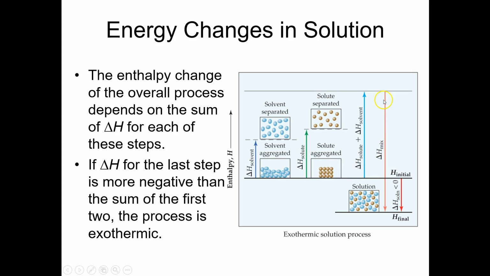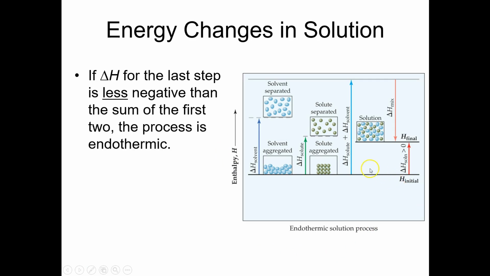In other words, in an exothermic process, it's because you got more energy out of forming intermolecular forces between solvent and solute particles than you had to put into pushing apart solvent particles or pushing apart solute particles. If this red arrow is greater in magnitude than this blue arrow that represents the sum of these two, then you'll have an exothermic process.